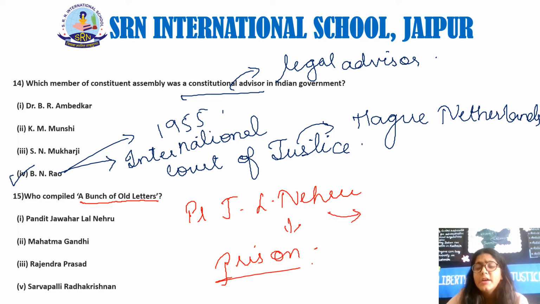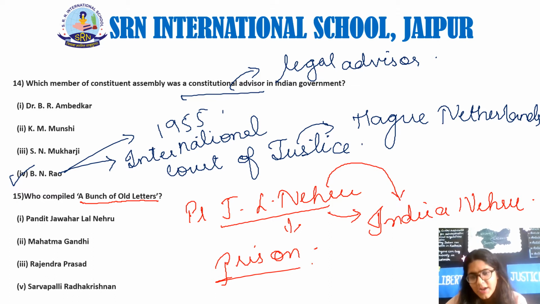And he had a powerful daughter who later was known as Indira Gandhi, but earlier she was Indira Nehru only. When Pandit Jawaharlal Nehru was in prison, he used to write letters to Indira Gandhi, and Indira Gandhi used to reply through letters only.